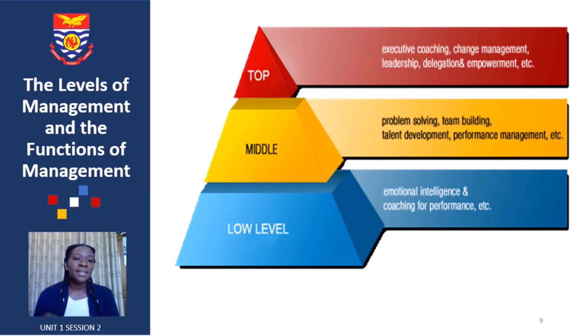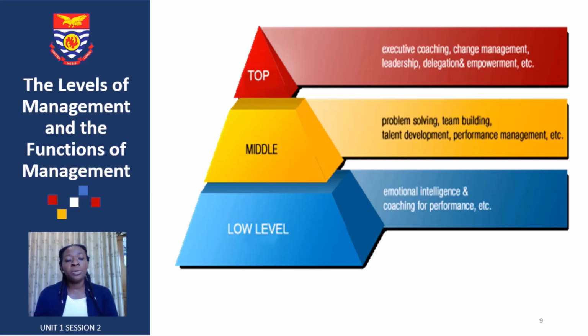But keep in mind that the top level, also known as the strategic level, make the strategic decisions for the business. The middle level are the intermediary between the top and the lower level, and usually are functional heads. Then we have the lower level who supervise the actual work on the ground.